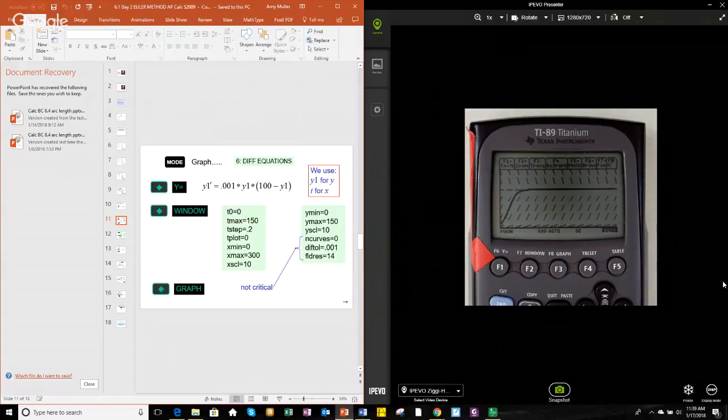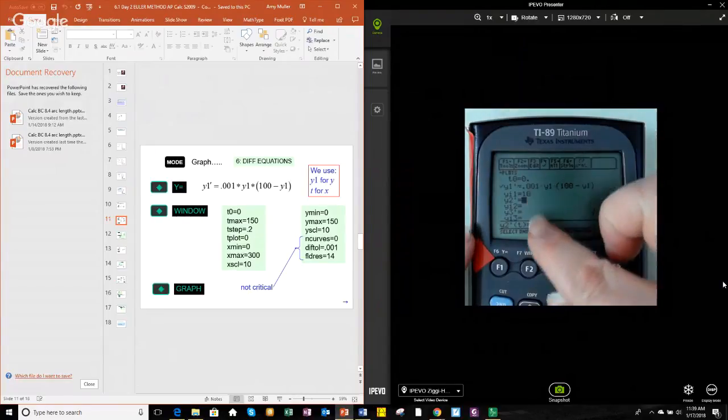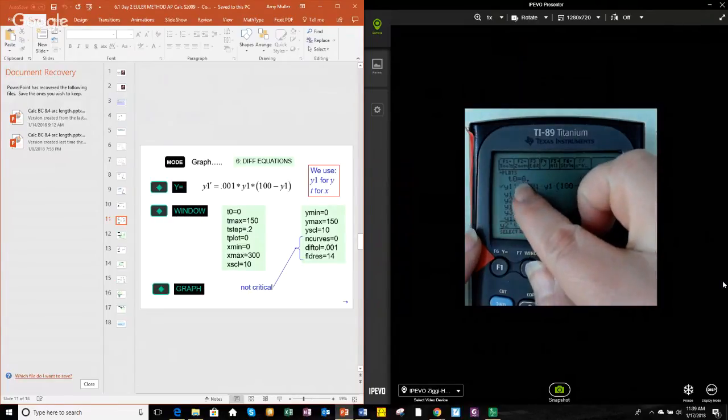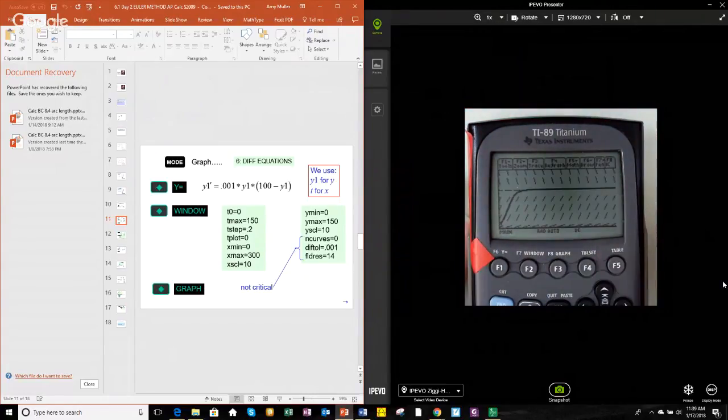And you plug the initial t value into t0 here, and the y value here. So my initial condition was 0, 10. All right. And the graph is still there, which is pretty cool.